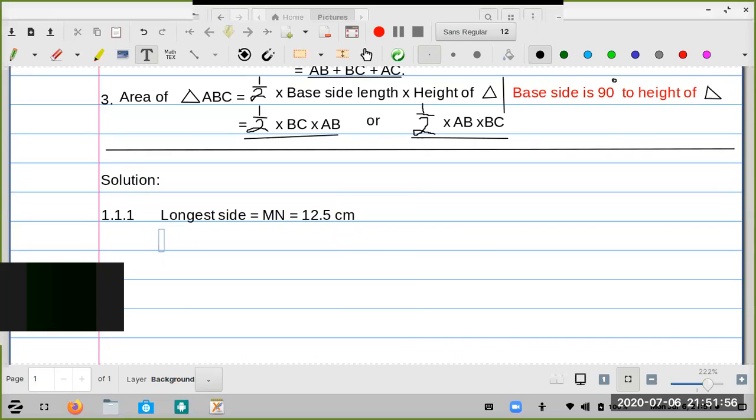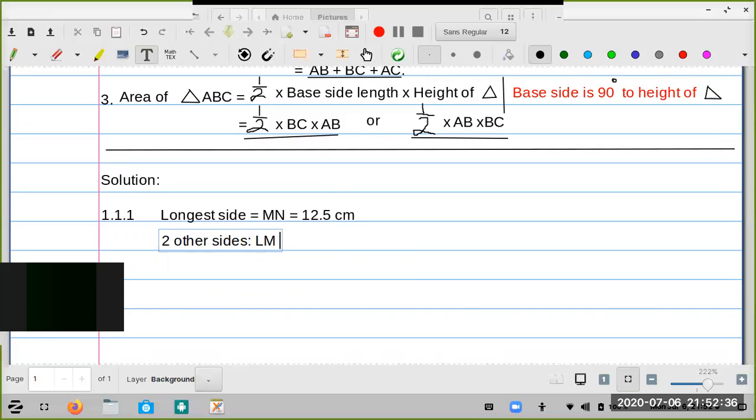Then the two other sides. Sorry for that, it's supposed to be two other sides. My two other sides are LM and LN.